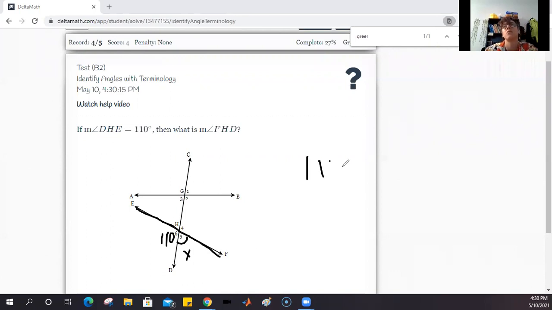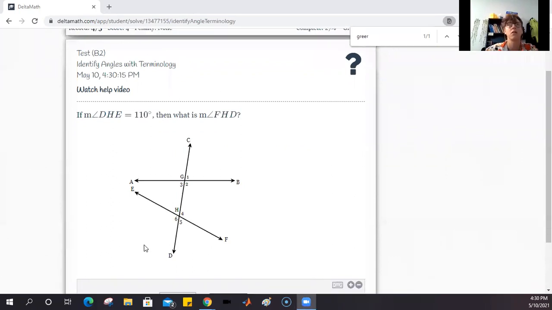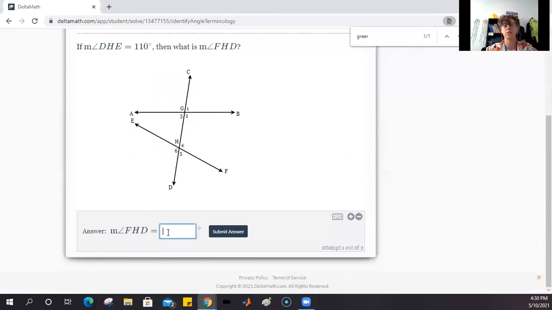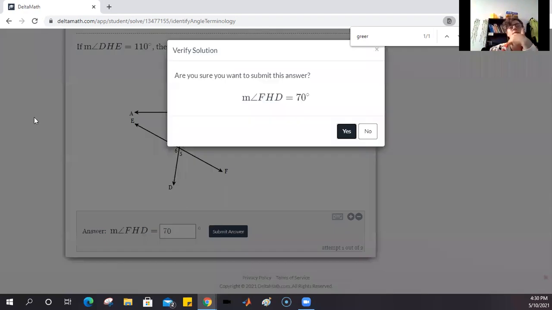So that means they add up to 180 degrees. So 110 plus X equals 180. Subtract 110 on both sides and get 70 degrees. X equals 70 degrees, which is FHD down there. Got it?